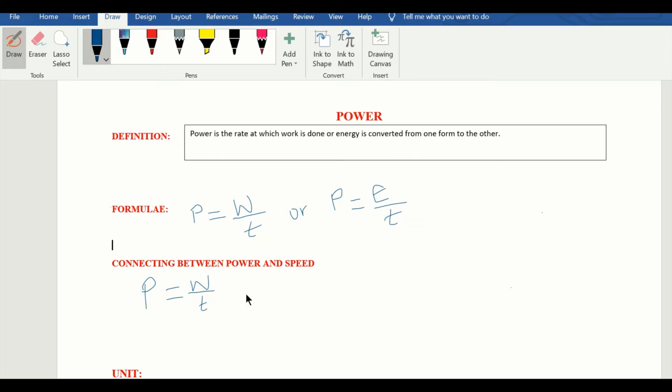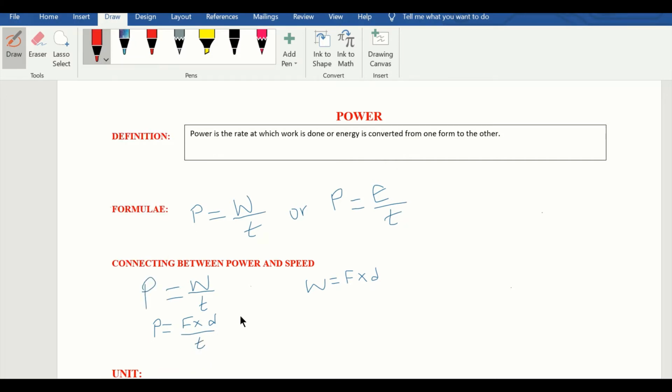And also, we were told that work is equal to force times distance. That means I can replace work done with force times distance. So therefore, power is equal to force times distance over time.